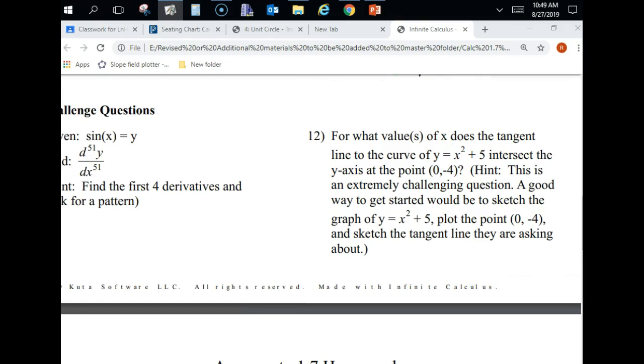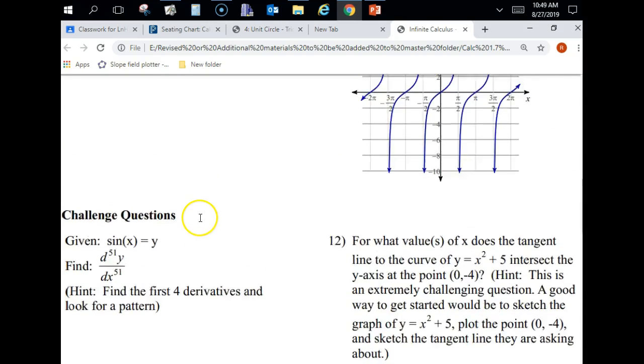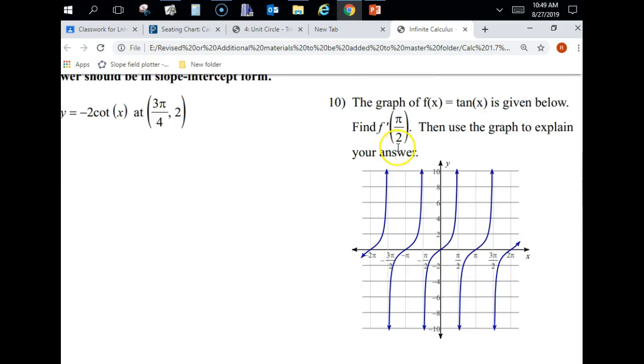We have 3 minutes. Anything else? The graph of f of x is tangent x given below. Find f prime of pi over 2. Well, so f prime is what?